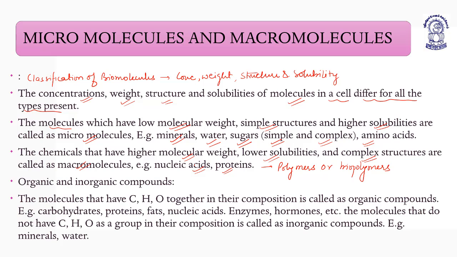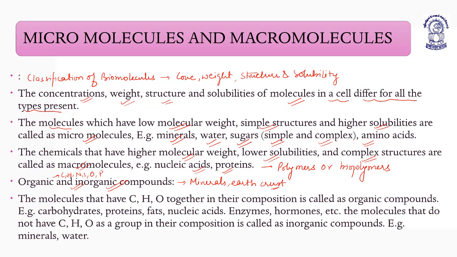Now coming to next, organic and inorganic compounds. Organic compounds are derived from organisms, containing carbon, hydrogen, and along with them nitrogen, sulfur, oxygen, phosphorus can be there. Inorganic compounds are formed in the form of minerals, and they are most abundantly found in the earth crust.